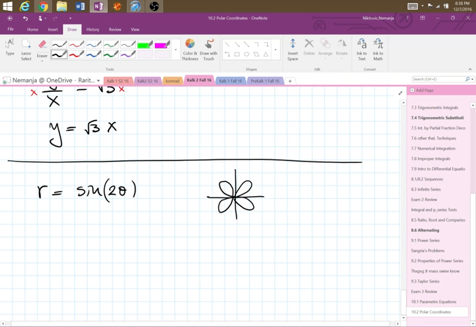So now, let's convert this into Cartesian coordinates, or rectangular, right? And see what happens. So remember, you are not allowed to have any of the thetas or r's around.